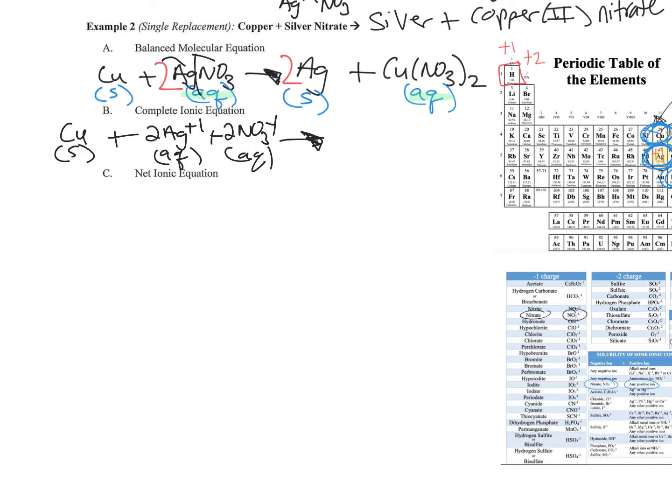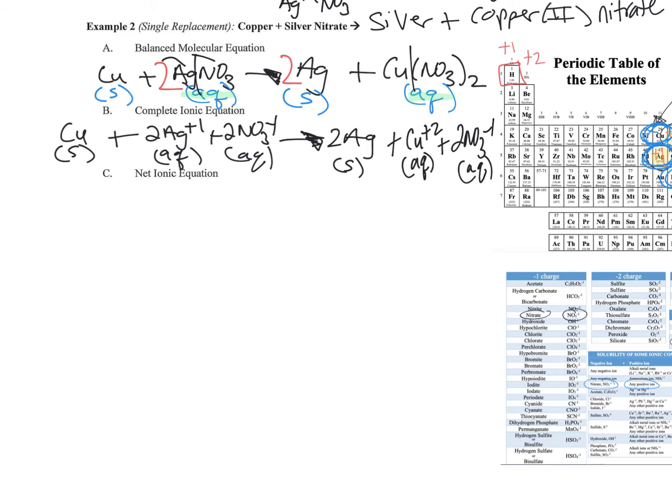So when this piece of solid reacts with this solution, we're going to produce 2 Ag solids. And then our copper 2 nitrate solution is going to dissolve. So I'm going to see Cu+2 form, and I'm going to see 2 nitrate ions form.